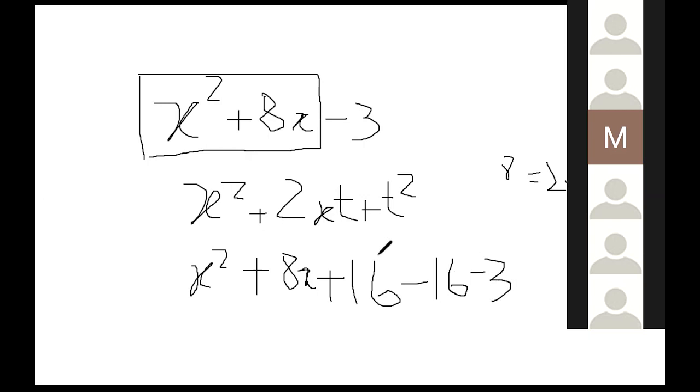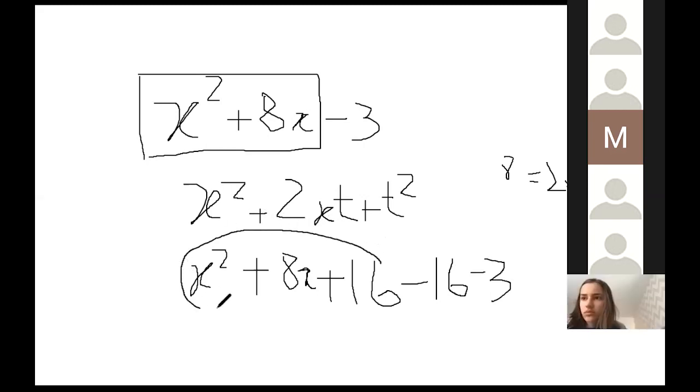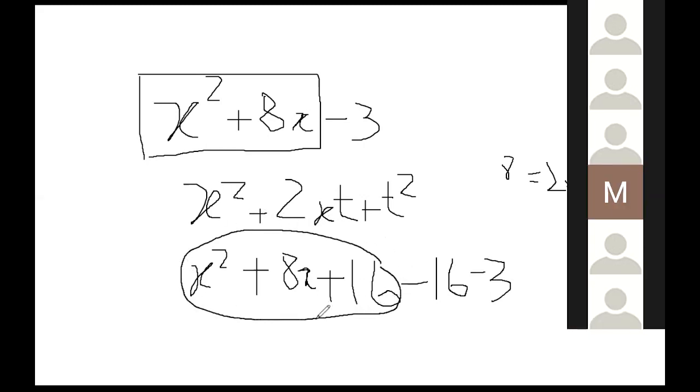So now this is x plus 4 squared, and now I have minus 16 minus 3, which is minus 19.